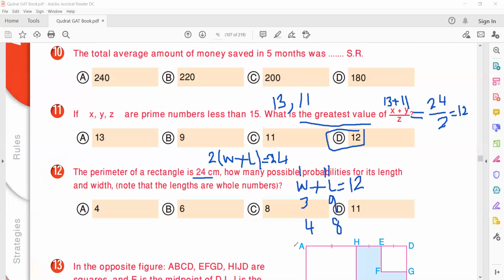So how many possibilities do I have? 1 and 11, this is the first one.